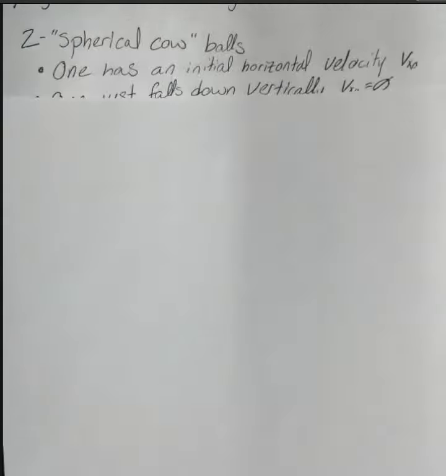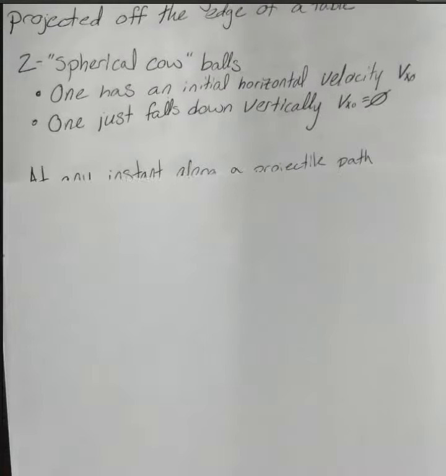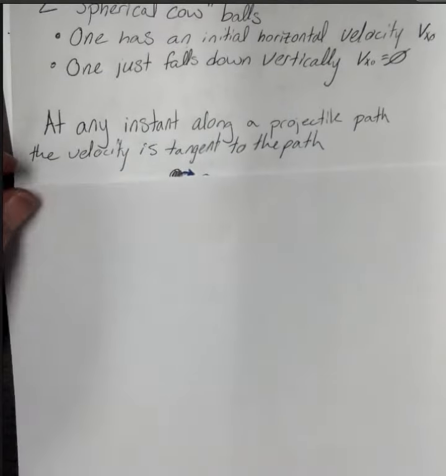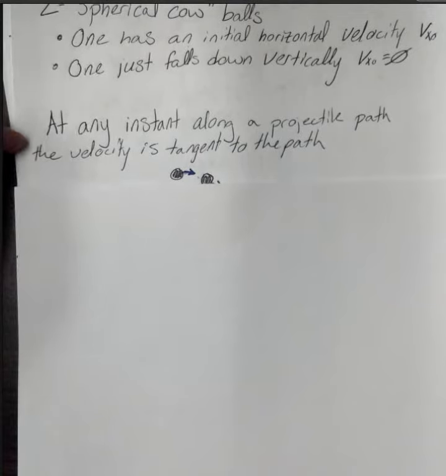So now that we've considered that situation, we can look. And one of the things that we noticed is that on a projectile pathway, at any instant, the overall velocity, the resultant velocity that's a result of the fact that it's moving in the x direction and the y direction, that velocity is tangent to the path.